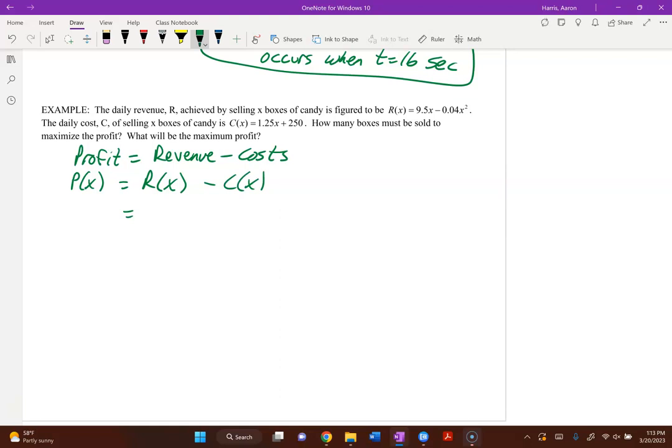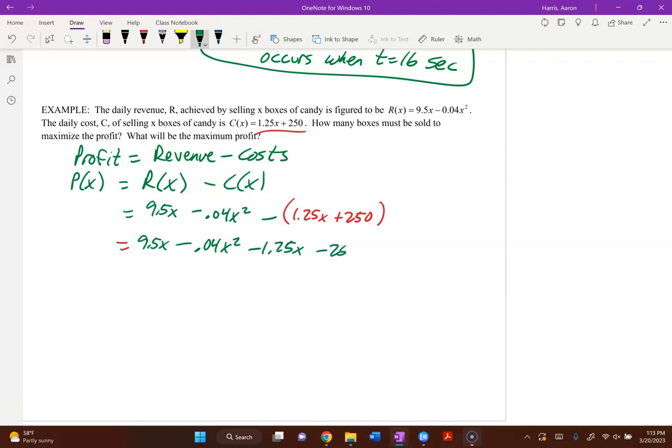Our revenue is given. It's 9.5x minus 0.04x squared minus our cost, which is, make sure you put that in parentheses because there's more than one term. Now combine those right there.